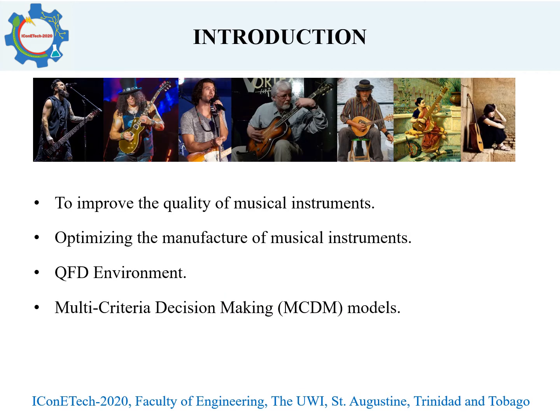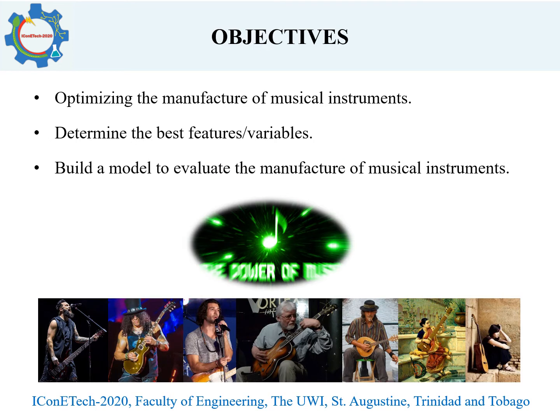The images above show different varieties of the guitar, and each of them illustrates a different style and perhaps a different emotion. Today we are going to look at the best process to manufacture a musical instrument, determine the best features or variables, and build a model to evaluate the manufacture of the instruments.